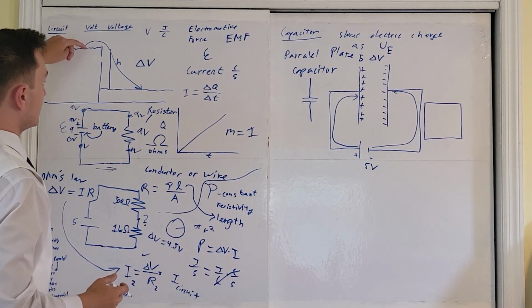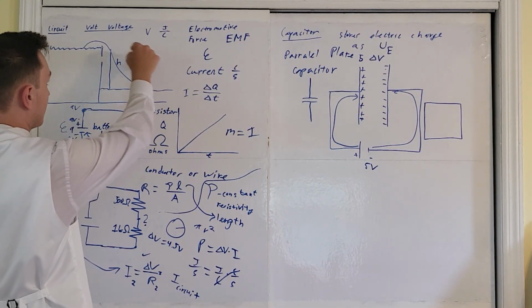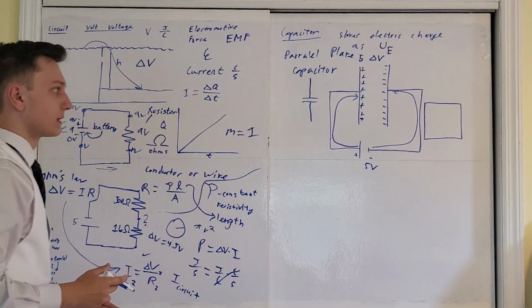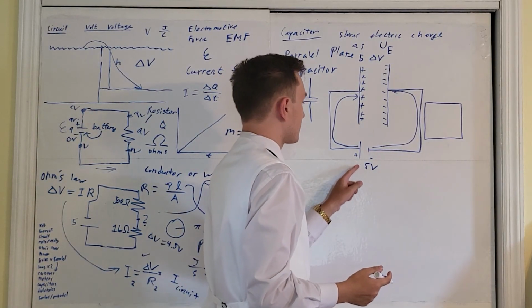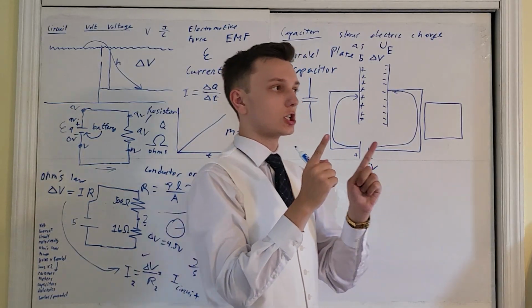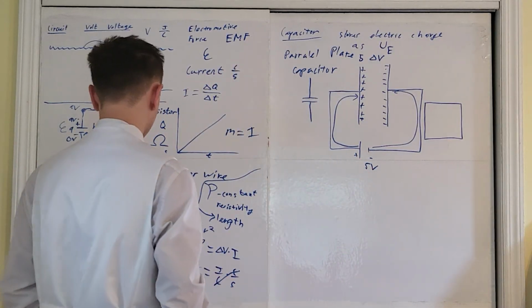The battery will continue to fill up the right side of the reservoir until they are at the same height. Pretty simple to understand. The current stops flowing, the capacitor stops charging when the voltage difference is the same, okay?